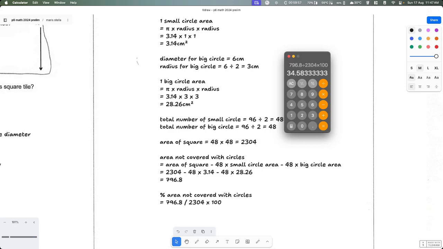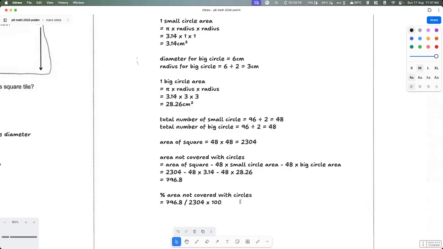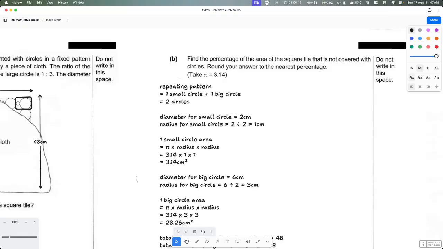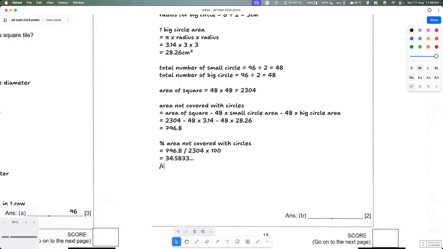This will give you 34.58, roughly 34.58 and so on. In this case, round to the nearest percentage. This will be 35%. Okay, there you go. So the answer is 35%.